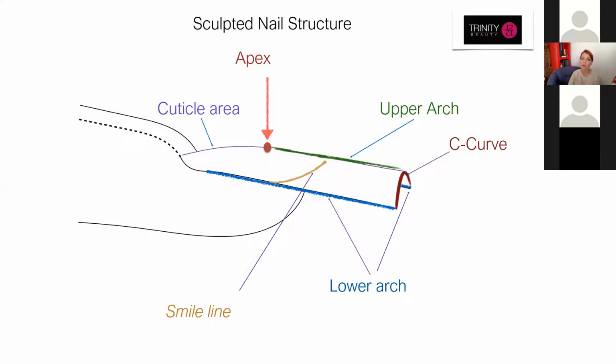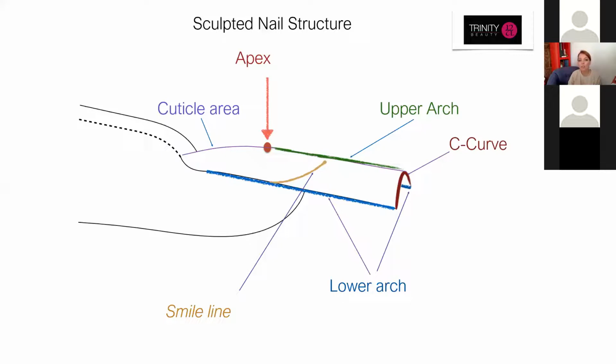You just filed a little bit too much of your lower arch. Also, if the lower arch is not consistent as it is on my structure here, if the blue line has gaps and inconsistencies, naturally the customer may start picking at that gap, at that irregularity, and cause damage to the nail as well.